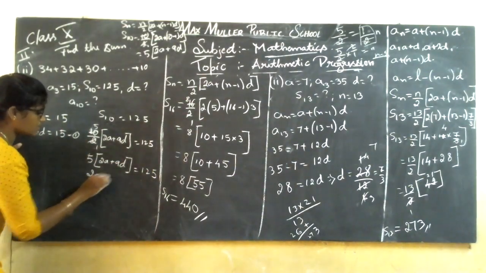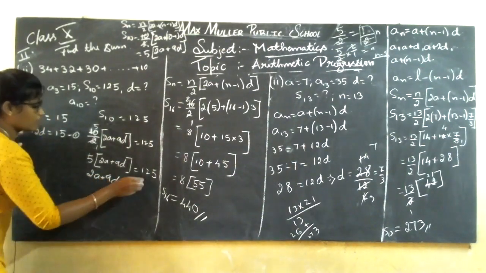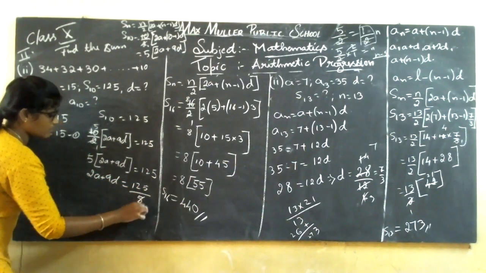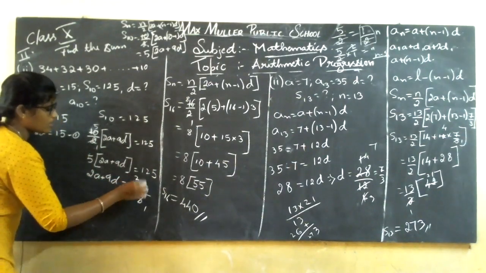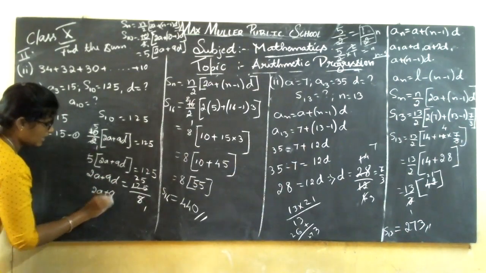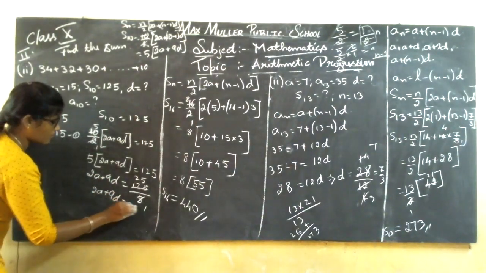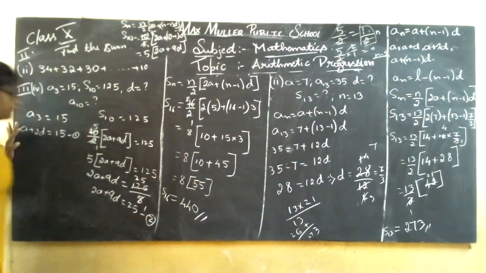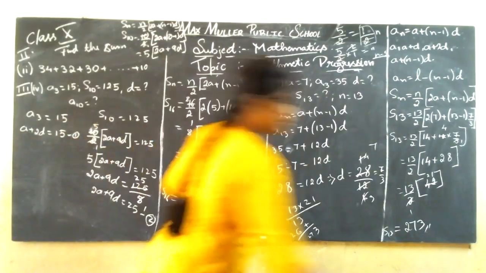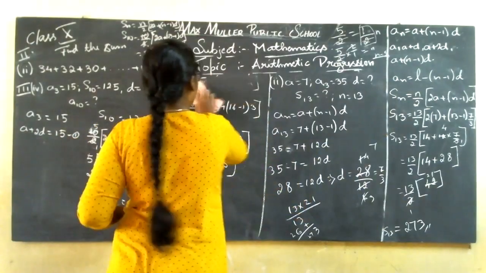So 2a plus 9d is equal to 125 divided by 5. 5 1s are 5, 5 2s are 10, 5s are 15. So you get it as 2a plus 9d is equal to 25. So this is equation number 2. 1 is there, 2 is there. Now what are you going to do? You are going to subtract 2 in 1.